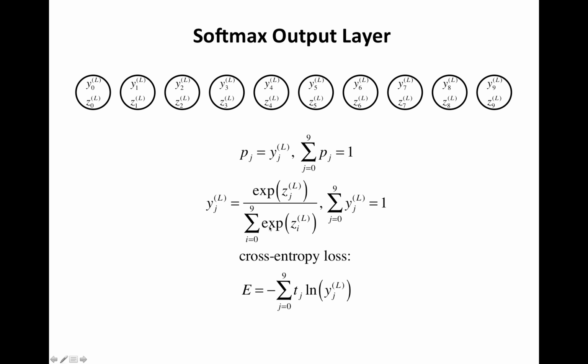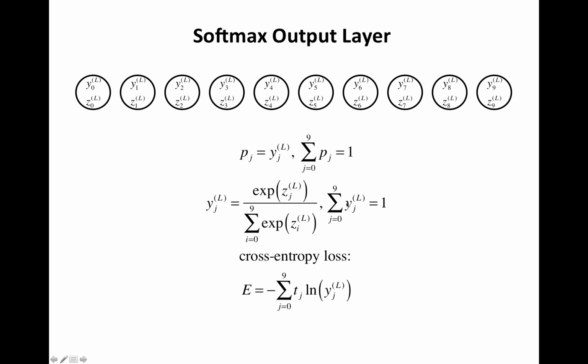Basically, we are summing up the exponentials of the logits of all the 10 output neurons. And you can check that if you add up all the Y L j's for the output layer, you get exactly 1. So by computing the output for the softmax output layer using this expression, we can achieve this effect.